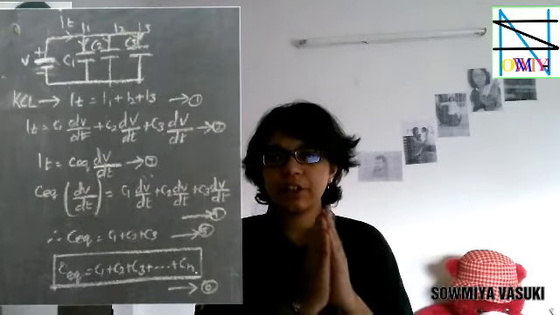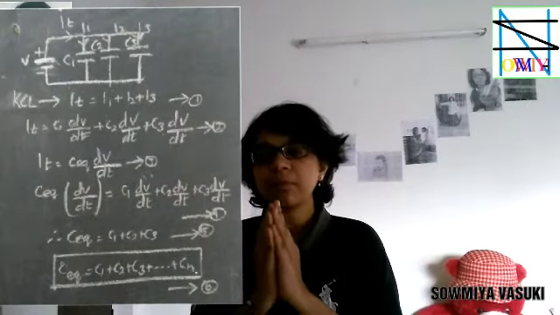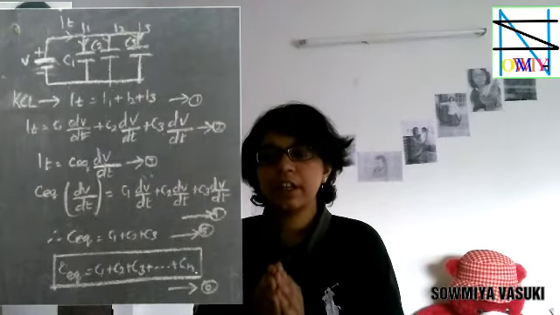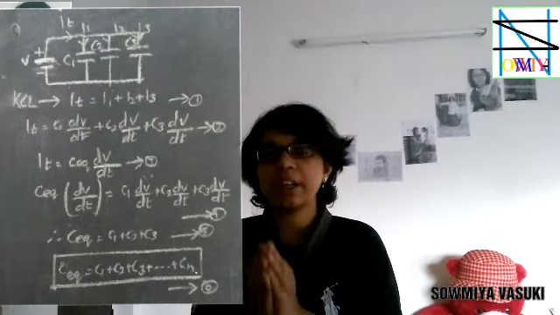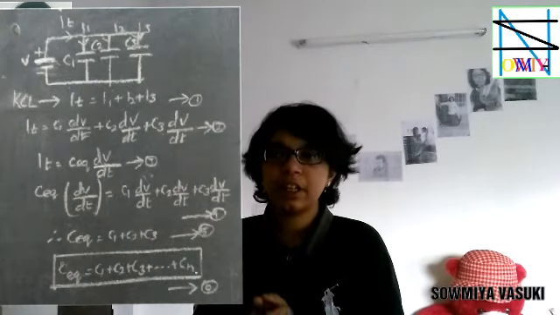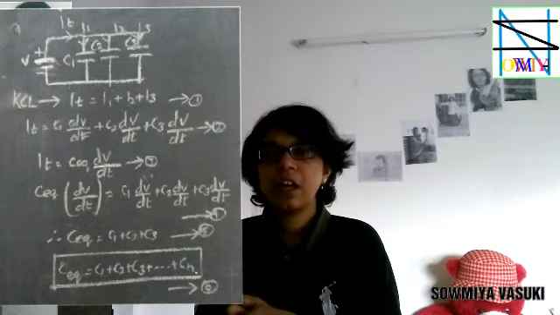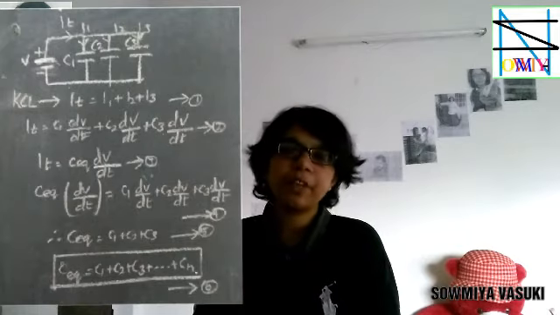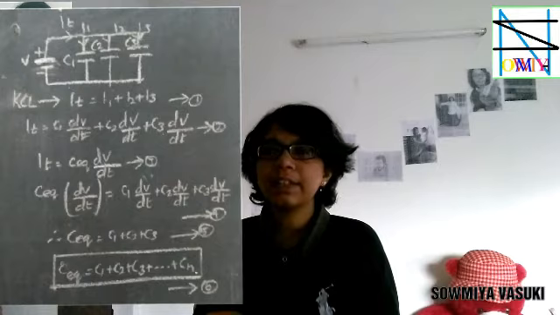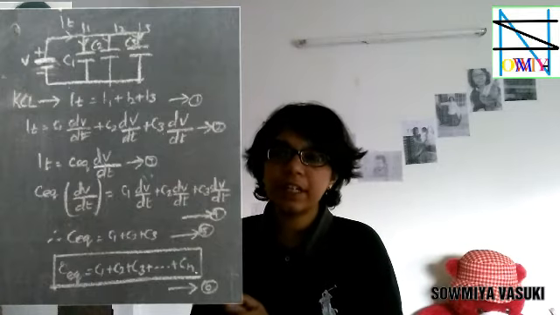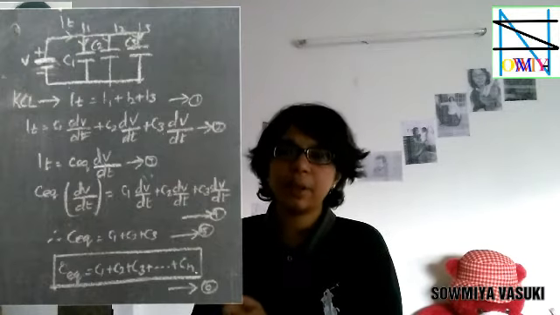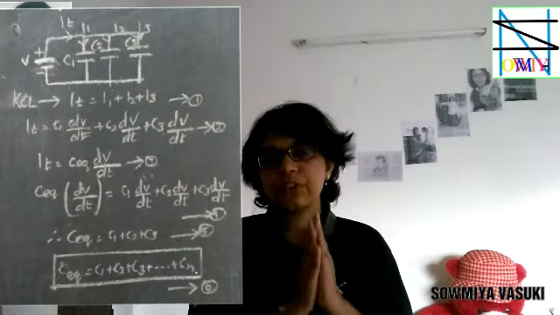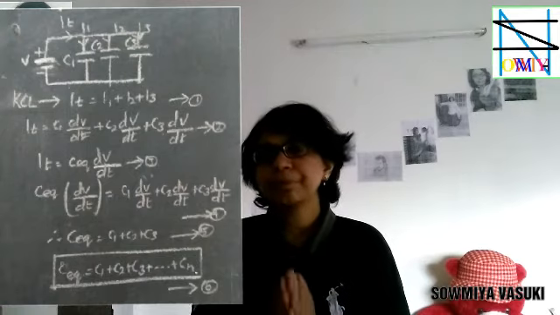For example, I total is equal to C1 dV by dt plus C2 dV by dt plus C3 dV by dt. So C equivalent is equal to C1 plus C2 plus C3 up to Cn.